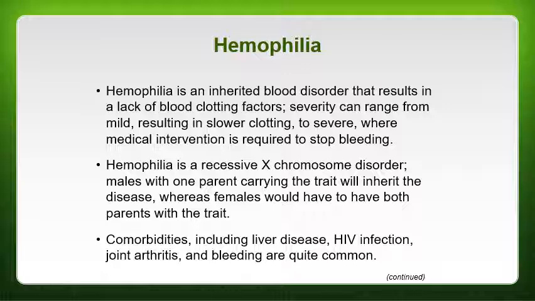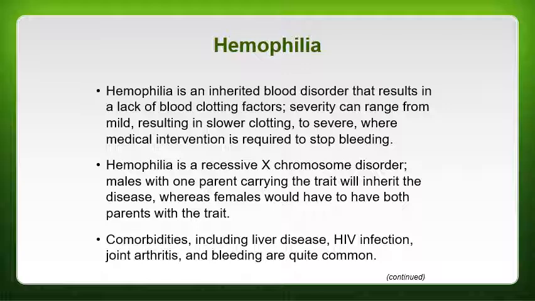Comorbidities associated with this include liver disease, HIV infection, joint arthritis, and bleeding, which are quite common. Joint arthritis would be a concern, particularly as it relates to the exercise prescription.